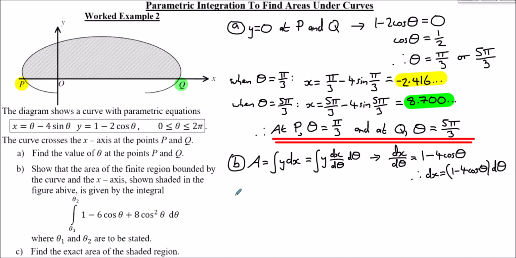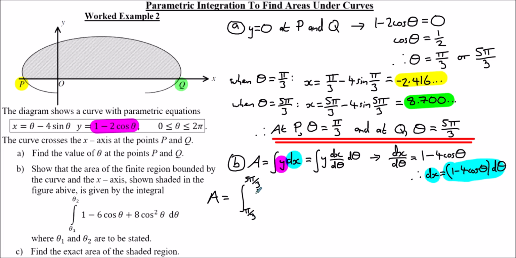We're now at a stage where we can piece this together. So the area is going to be the integral of y with respect to x. And so y is this thing here, and we've got dx now. We've shown that dx is the same as 1 minus 4 cosine theta d theta. So filling these parts in, and again the limits, we can do the limits too now, because we've shown from part A that when x is at P, that corresponds to theta being pi over 3, so the lower limit's pi over 3, and similarly the upper limit was 5 pi over 3.